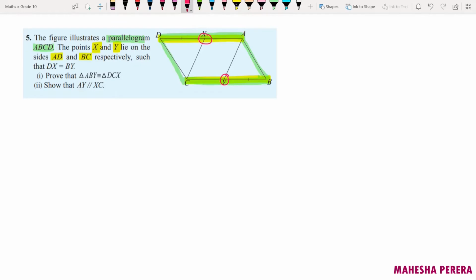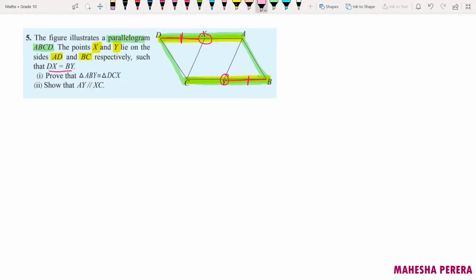Such that DX equals BY, right? That means these two sides are equal, and it is our data. Right, now what's our requirement?